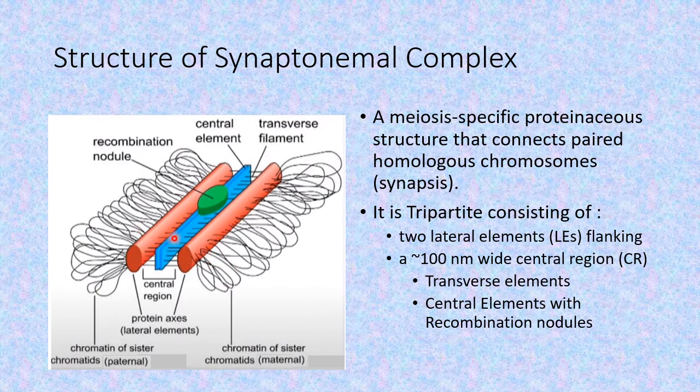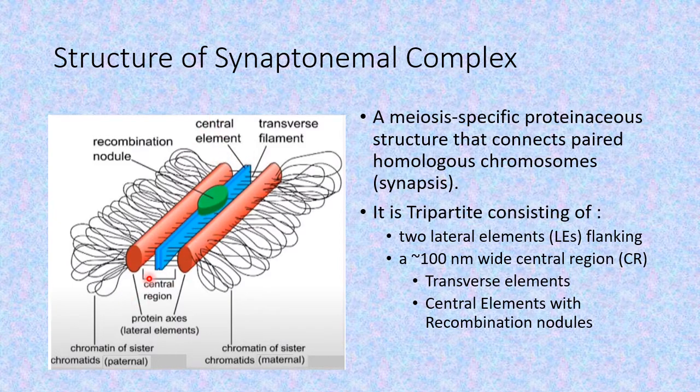It has got three parts. There are two lateral elements which are connected to the homologous chromosomes, and the approximately 100 nanometer region in between these two lateral elements is the central region.